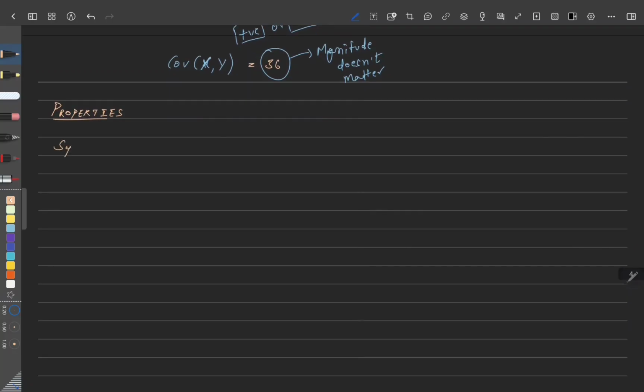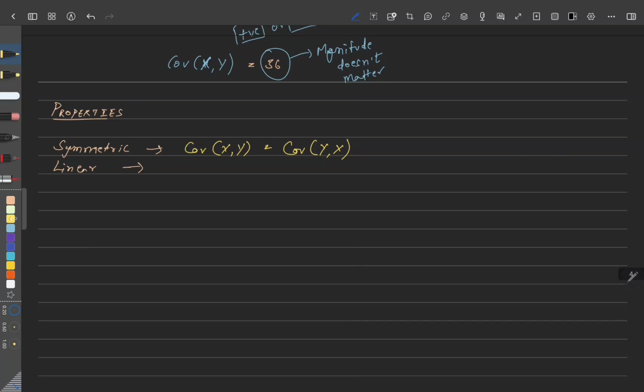So covariance is symmetric, in the sense that covariance of x comma y equals covariance of y comma x. Because you are just multiplying, it doesn't matter which term you multiply first. It is linear.